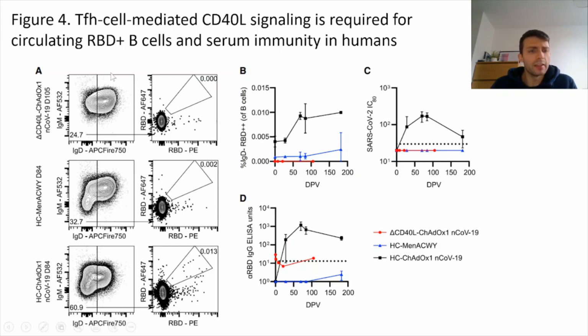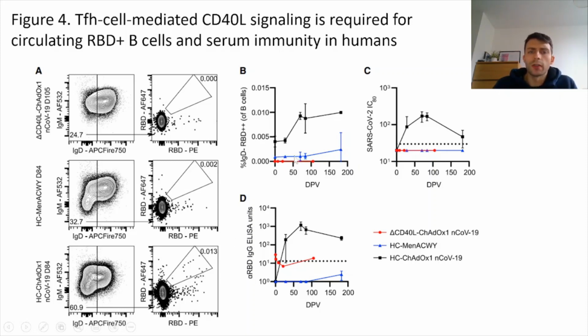And we can compare these both to people vaccinated at the same time, but with an irrelevant vaccine. So this is the meningitis vaccine shown here. And for patients receiving their COVID-19 vaccines in the bottom row here, we can pick out RBD-specific B cells.